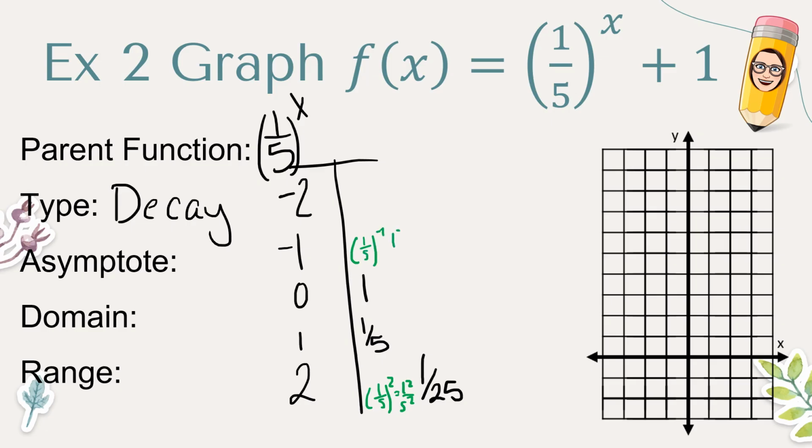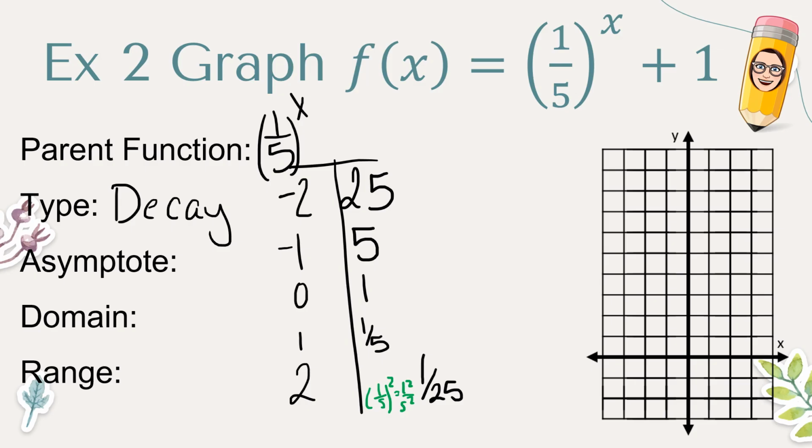That'd be 1 to the negative 1 and 5 to the negative 1, which would just flip both of them. 5. It's 5. All it did was flip. And so a fraction to the negative 1 will always be the flip. How about negative 2? Isn't it the same as 2 but flipped? So sometimes the patterns are nice and easy to work with.